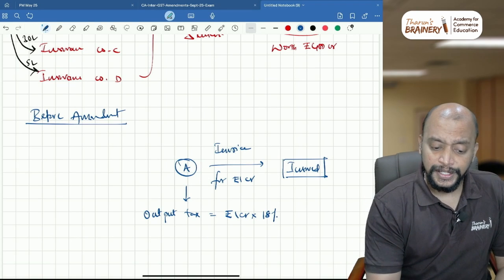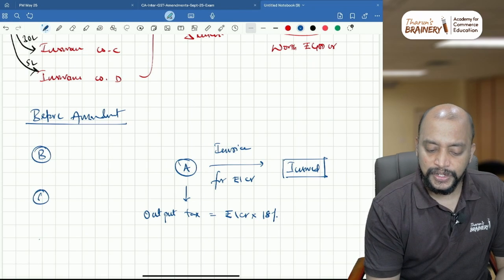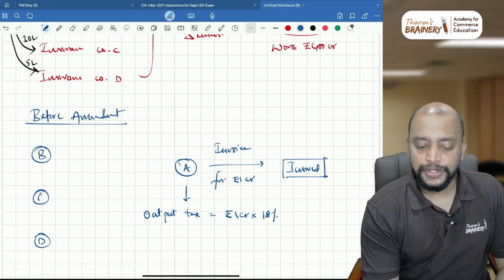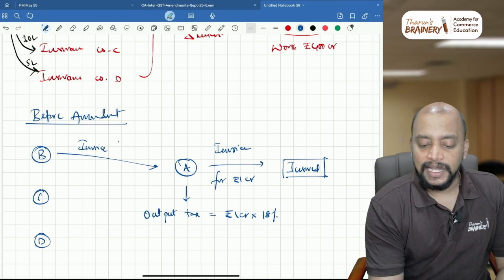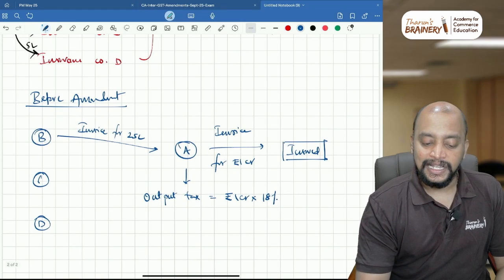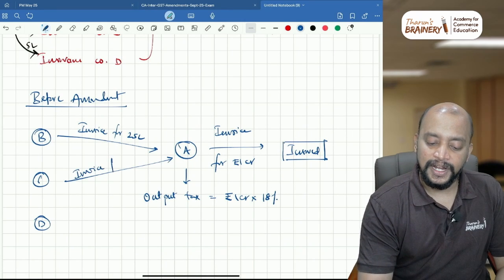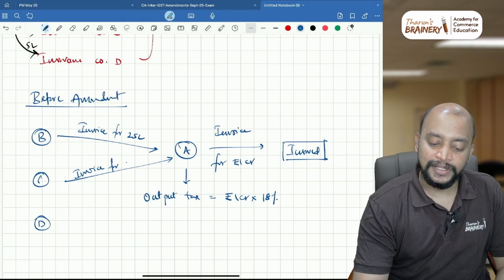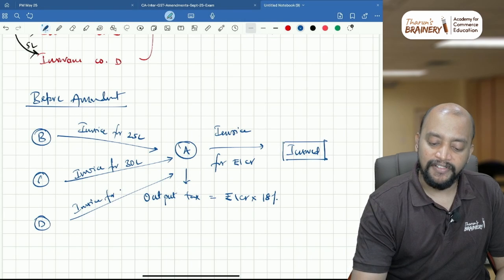Thereafter insurance company B, insurance company C, insurance company D. Insurance company B will raise an invoice for 25 lakhs, insurance company C will raise an invoice for 30 lakhs, and insurance company D will raise an invoice for 5 lakhs.